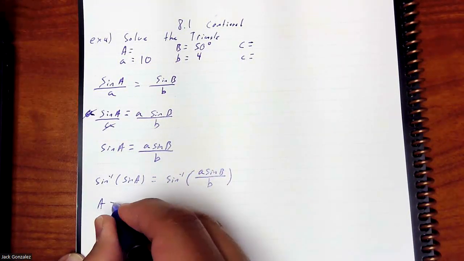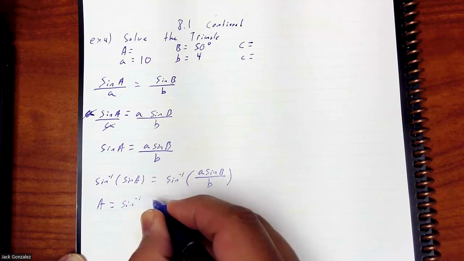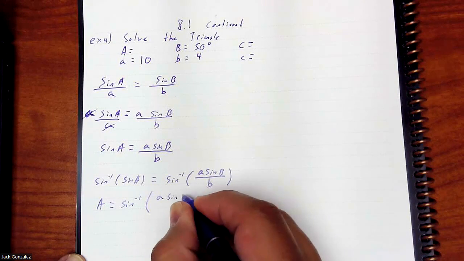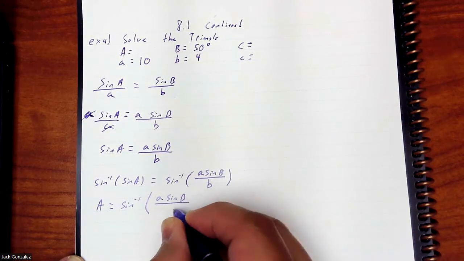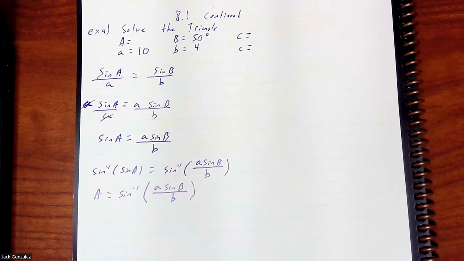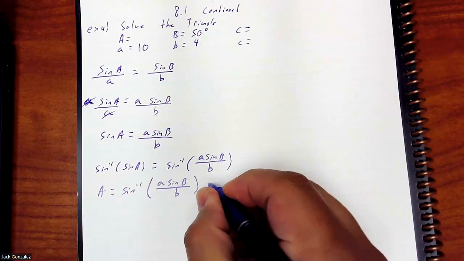So capital A is equal to sine inverse of a sine B over b. These are technically formulas because I keep solving for them in general. So you could use these technically. But anyway, plug in the numbers and we're good.